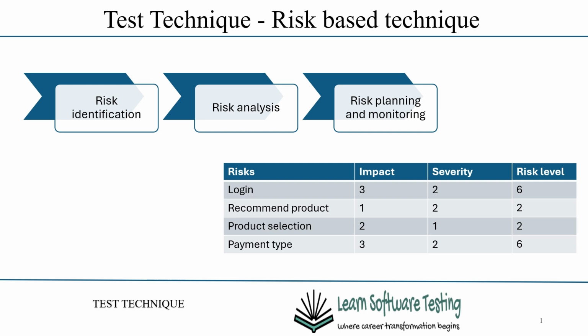For the recommend product and product selection, we won't need to expend as much effort because the risk level is lower. It also means that we have to prioritize the higher risk items like login and payment type over the lower risk items.